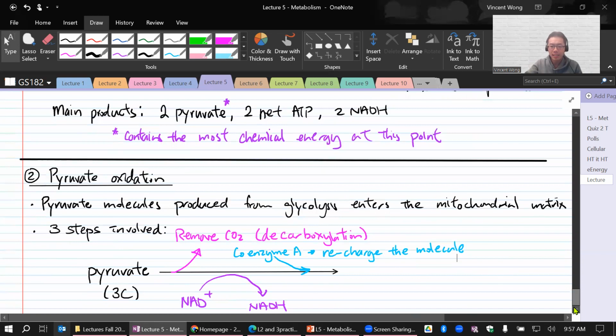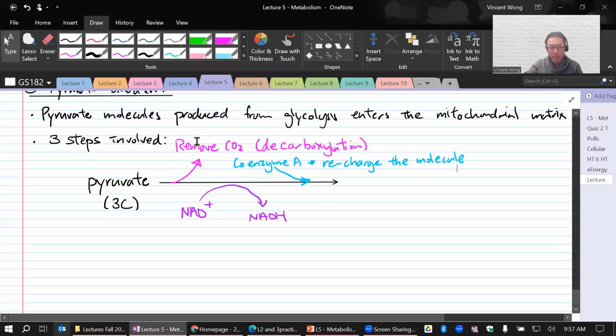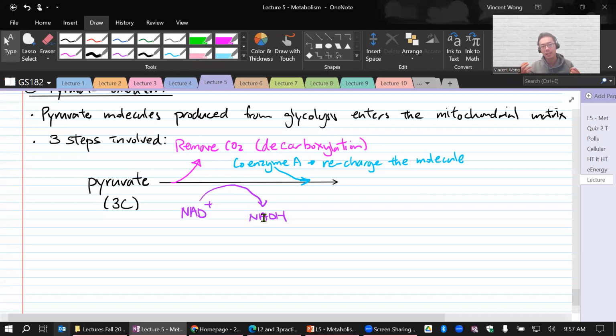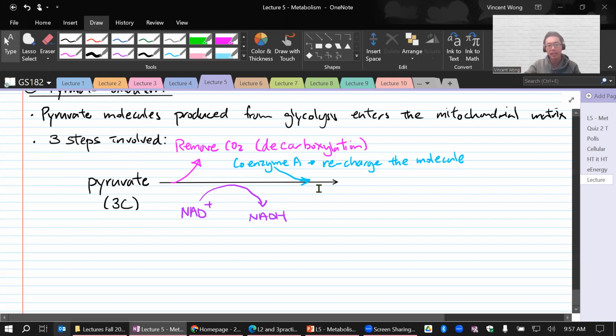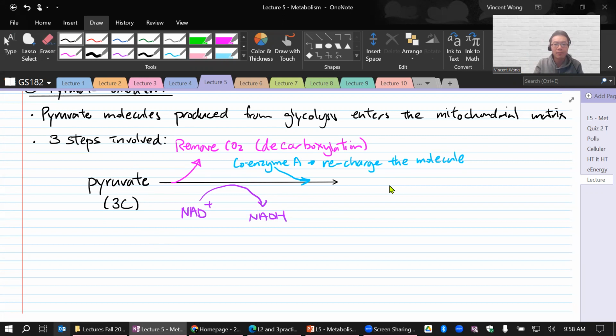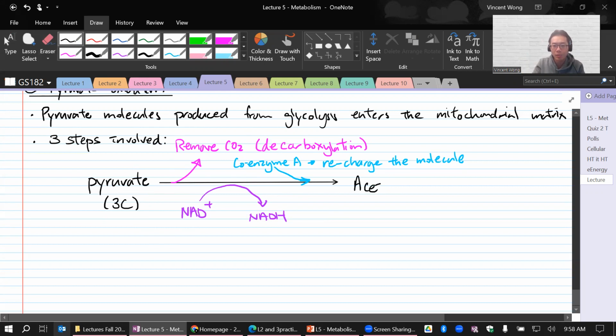And then here in the second step, we take that pyruvate, we remove a carbon dioxide, we release more energy. Now the molecule is not as energized as it needs to be. So we want to recharge it, we want to re-energize it. How do we do that? We give it something called coenzyme A. Never mind what it really is, we don't have to know it. We just have to know that this molecule recharges the pyruvate. And at the end of it, you get something called acetyl-CoA.